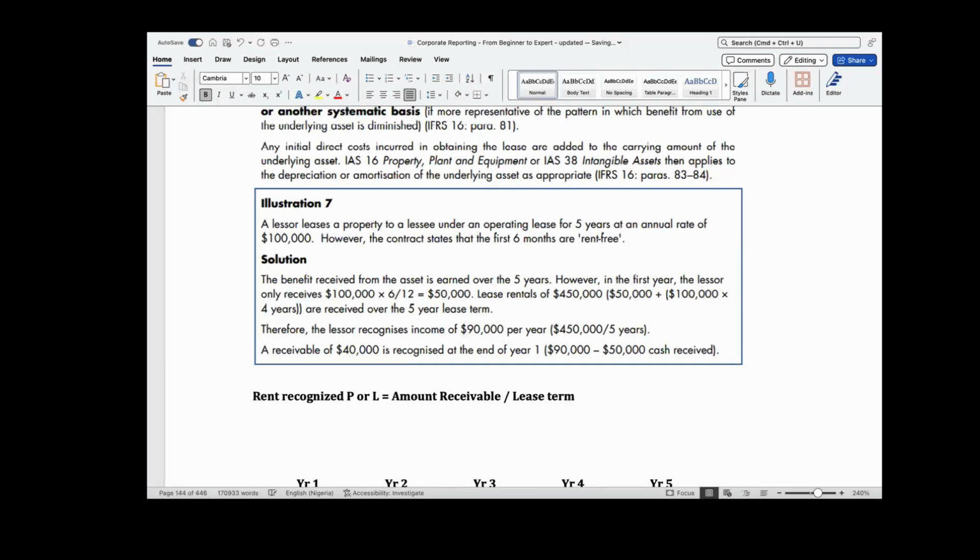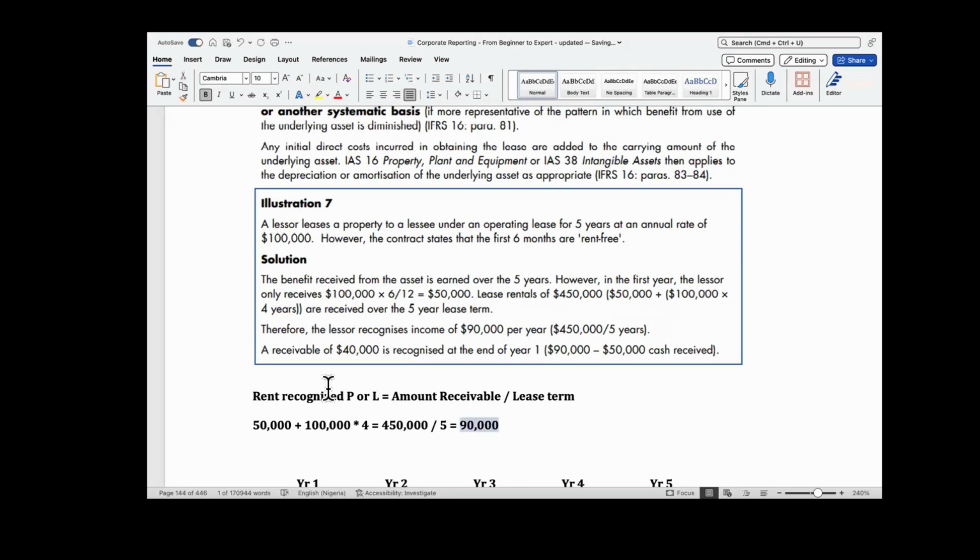And from the above question, the amount receivable here is that in year one, I'm only going to get 50,000. From year 2 to year 5, I'll be getting 100,000. So in total, that is 450,000. If you divide this by the lease term, we get 90,000.